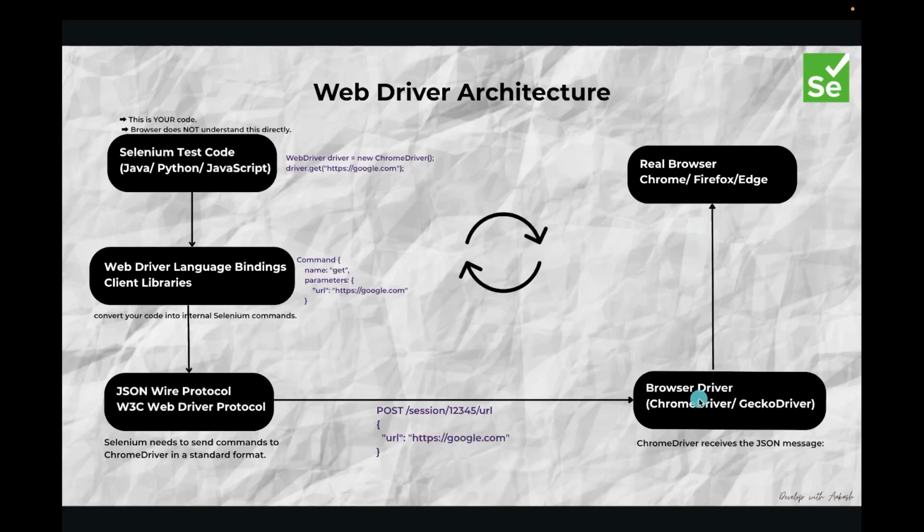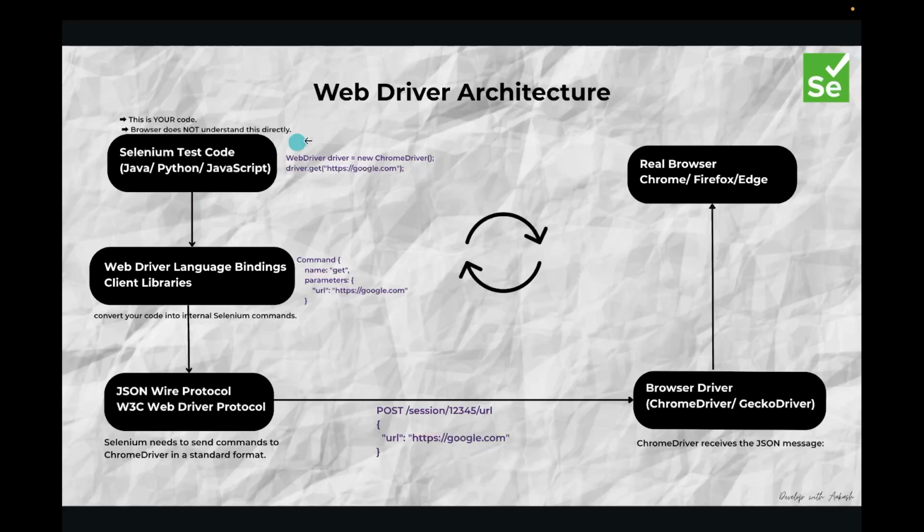The Chrome driver will pass the message via JSON via protocol to the web driver that the browser is open, and then this web driver will pass that same message to the Selenium test code, that is, to the console output for the user. So this is a circular flow. The message will go from here till here, and then the message will again go back from here till here. So this is the entire architecture of a web driver.